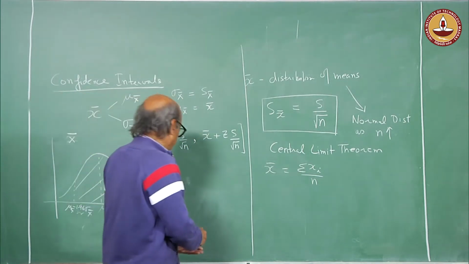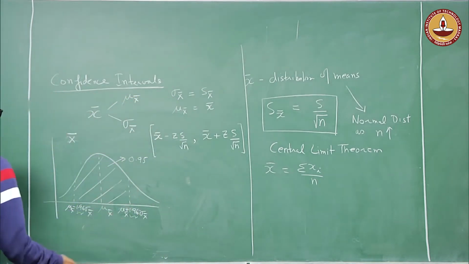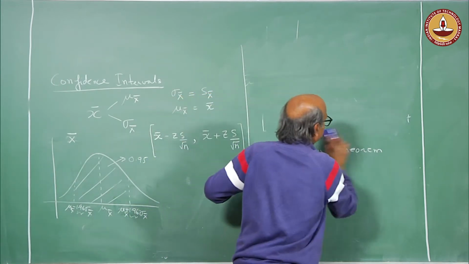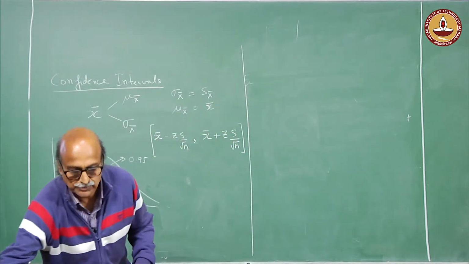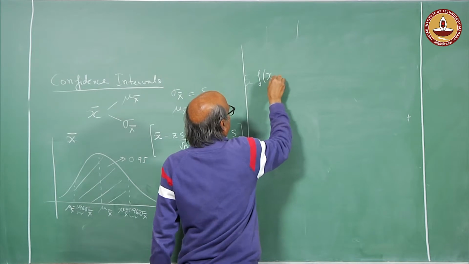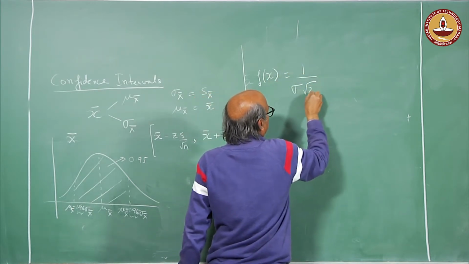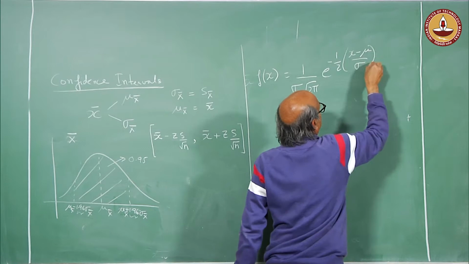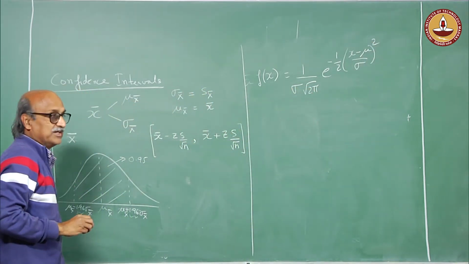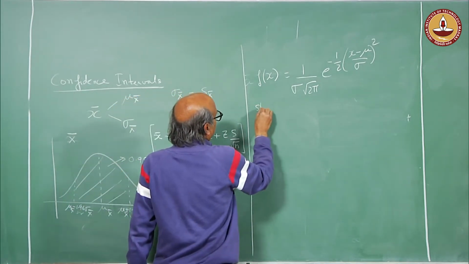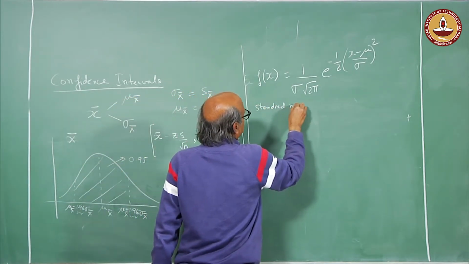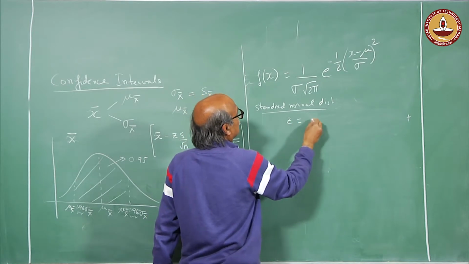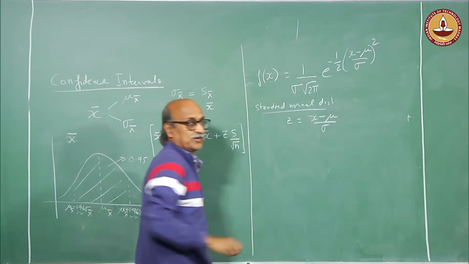And essentially, if you look at the formula for the normal distribution, this is the probability density function. If I want to convert this to a standard normal distribution, I do the following substitution: z is equal to x minus mu upon sigma.